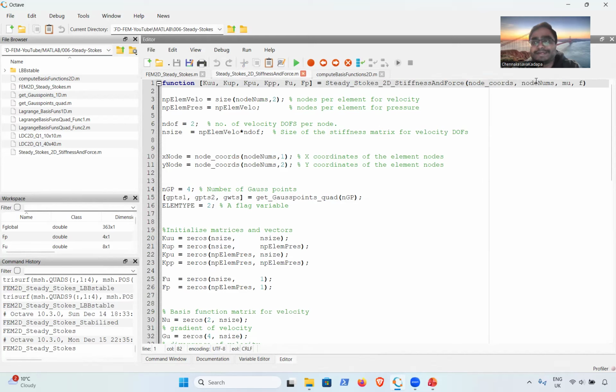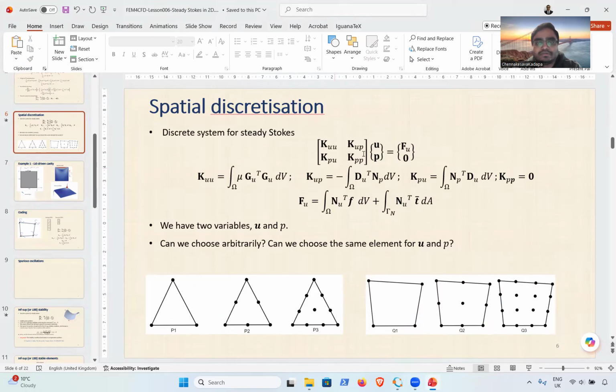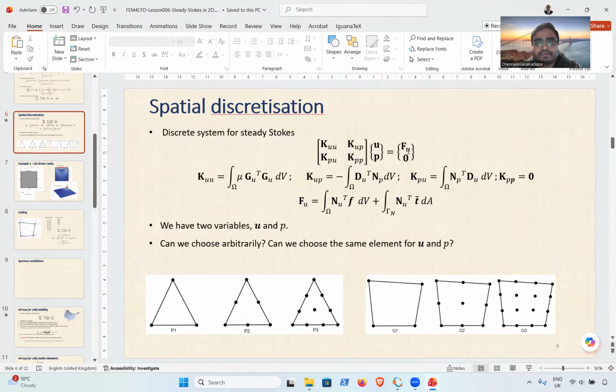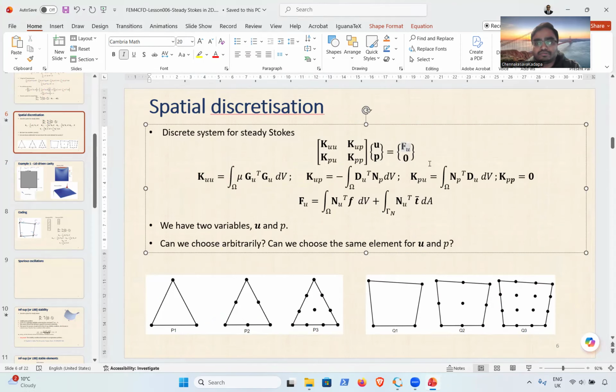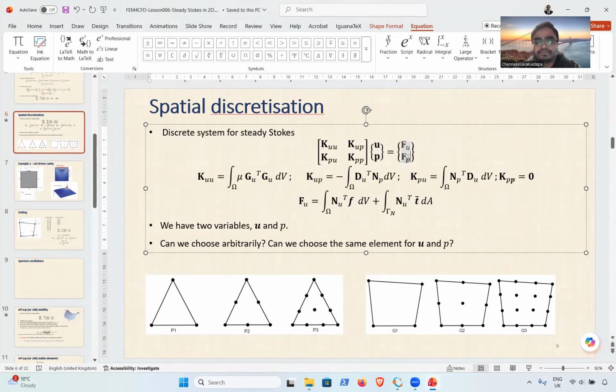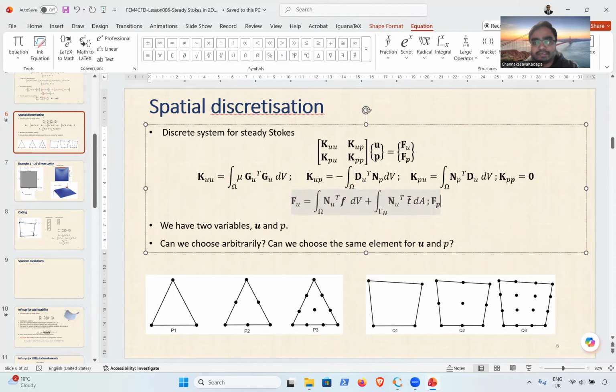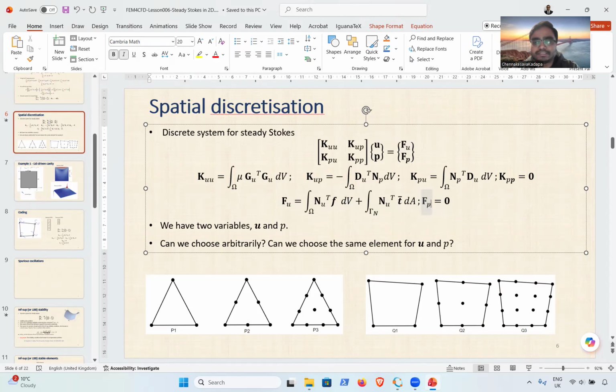These are all the 4 inputs we need, and this function outputs KU, KUP, KPU, KPP, these 4 matrices for each element, and also FU and FP. So we have FU and we can consider this as FP, which of course is 0. Again, in the future when we add stabilizations and we have some non-zero terms for FP, this is automatically taken care of.